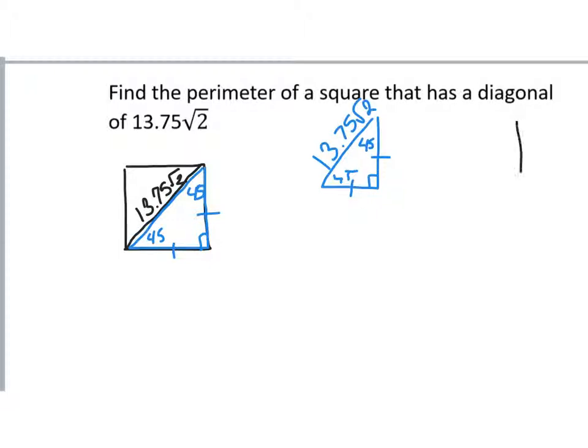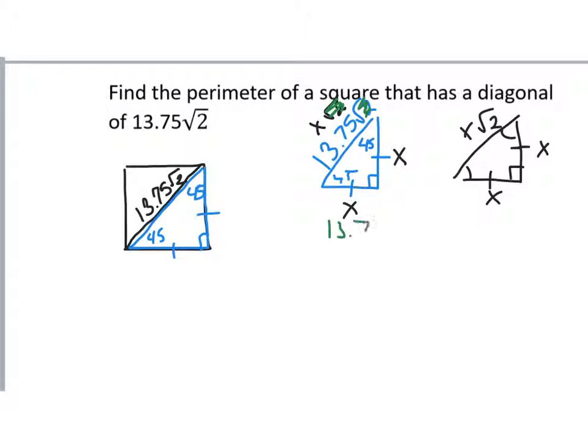The pattern says on a 45, 45, 90 triangle, you're going to have two congruent legs, here and here. And if I call them x, then my hypotenuse would be x square root of 2. So if I'm trying to figure out what this value for x is, and I know that this is x square root of 2, I can see, oh, if I take the square root of 2 off, I know that x is going to be just 13.75.